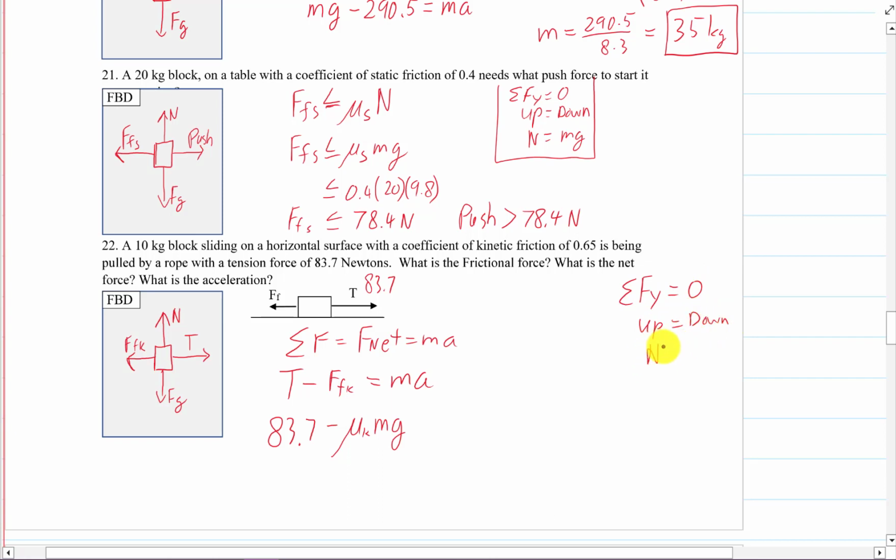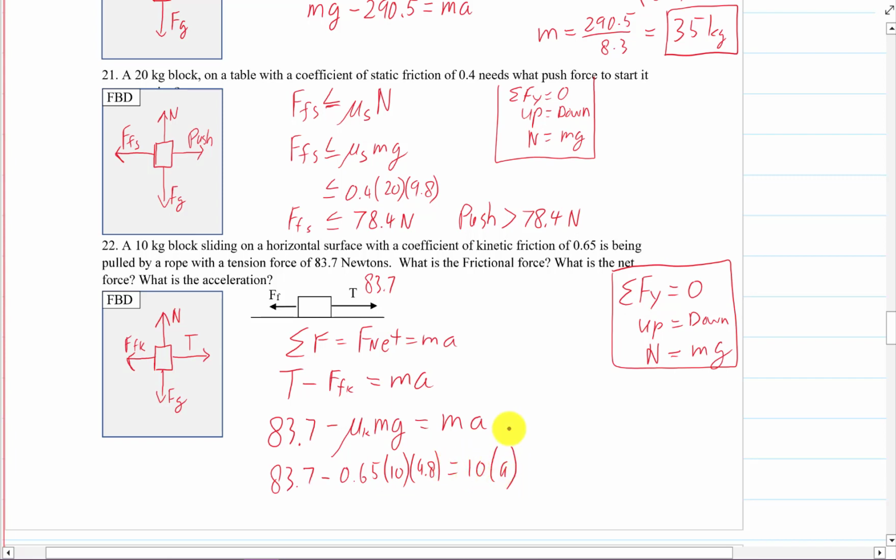And the up is the normal, and the down is mg. That's why I can substitute it and get that mg there. And that equals ma. So 83.7 minus 0.65 times the mass, 10 times 9.8 is equal to the mass 10 times a.